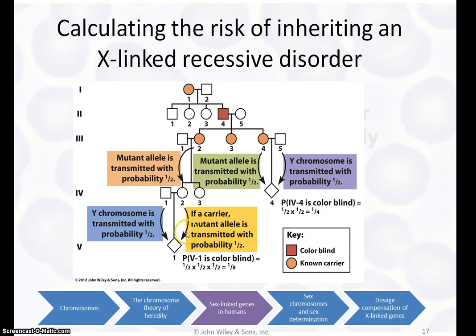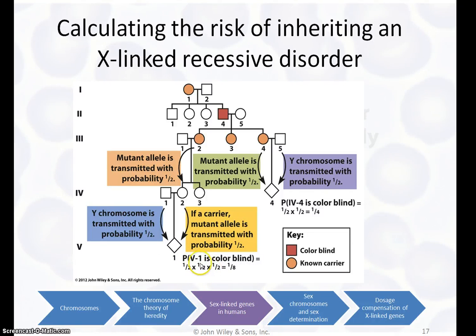That probability is also 50-50 or 1/2. Okay, now the male here will only pass on the Y chromosome, so he really has nothing to do with color blindness. So our final probability here is 1/2 times 1/2 times 1/2.